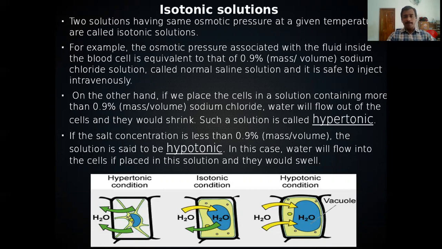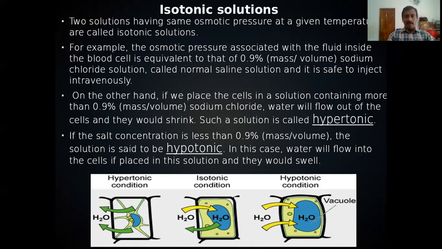Surely, if the concentration of solution outside the cell is higher than the concentration of the fluid inside the cell, the solvent molecules will flow out of the cell and shrinking will take place. Such solutions are known as hypertonic.